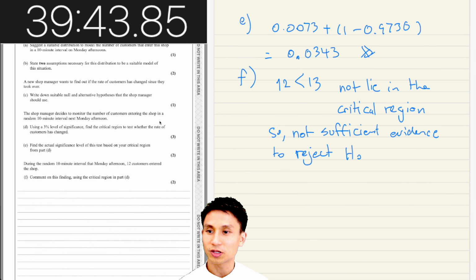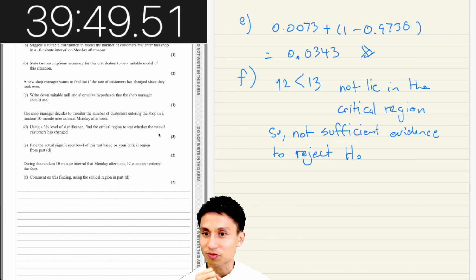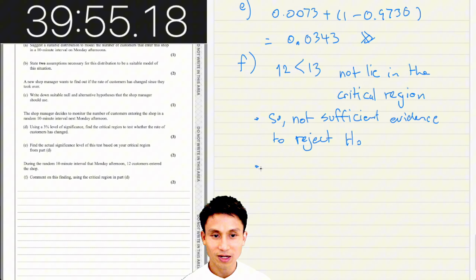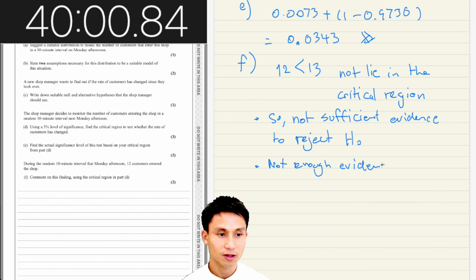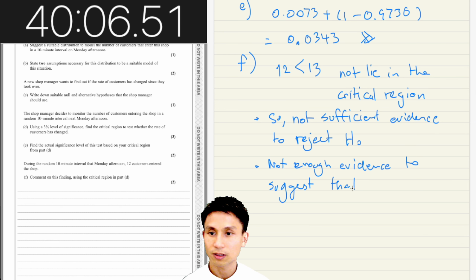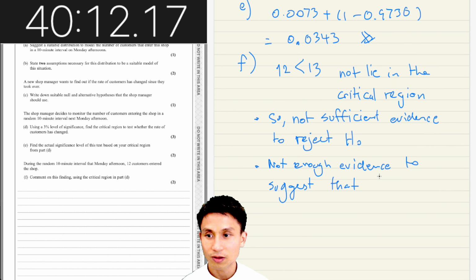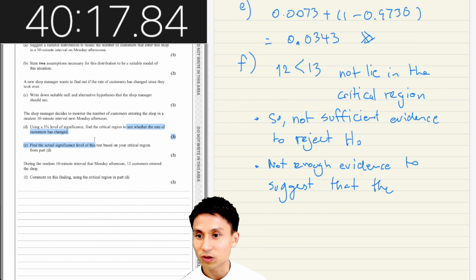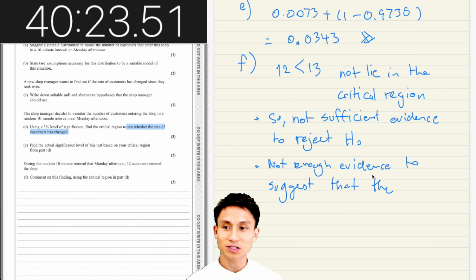so the shop manager who believes that the mean rate of customers entering the shop might change, right? So we say that not enough evidence to suggest that the rate, I'm just going to take the wording here because this is the only word that seems to be the alternative hypothesis there, which is that the rate of customers has changed.